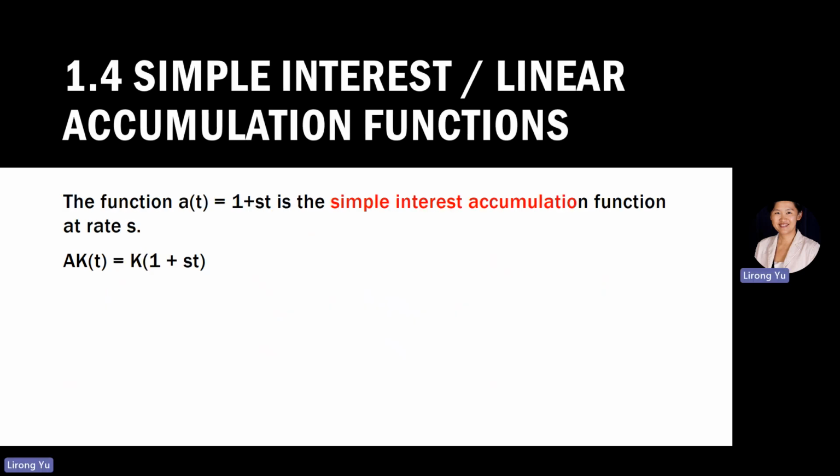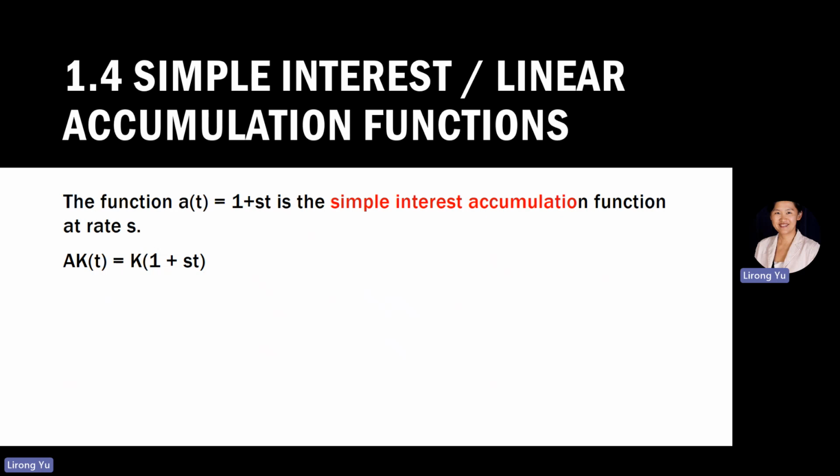All right, 1.4, let's talk about simple interest. What is simple interest? Simple interest is assuming that the accumulation function and the amount function are both linear functions. Start with a linear function for the accumulation function.